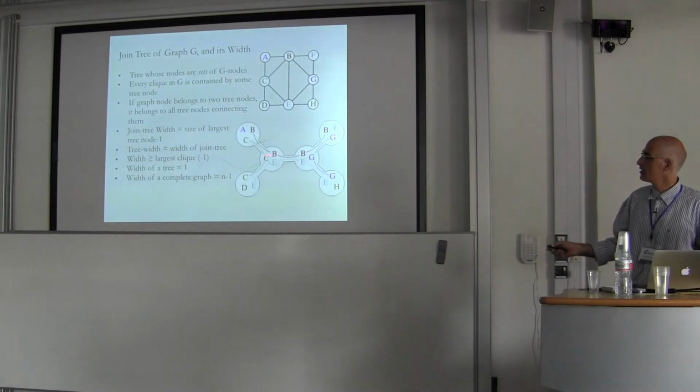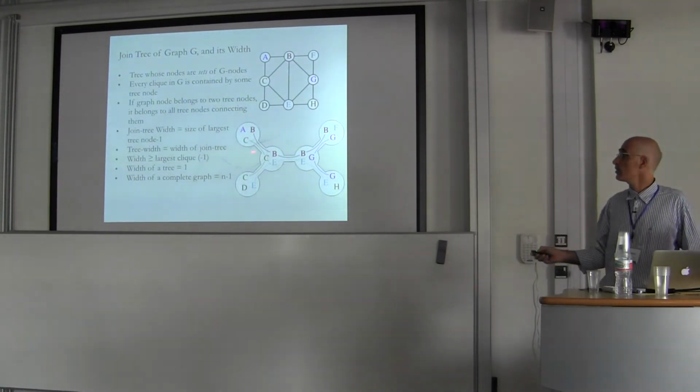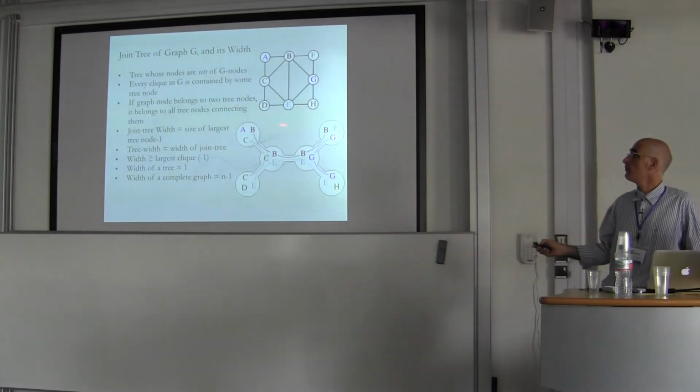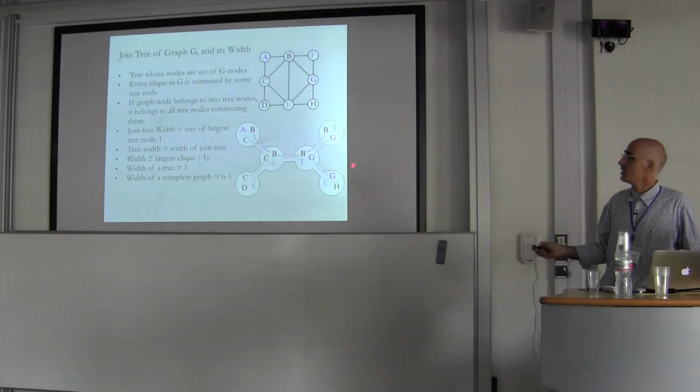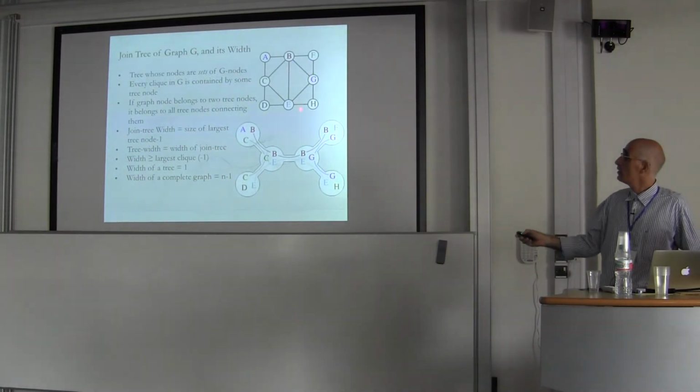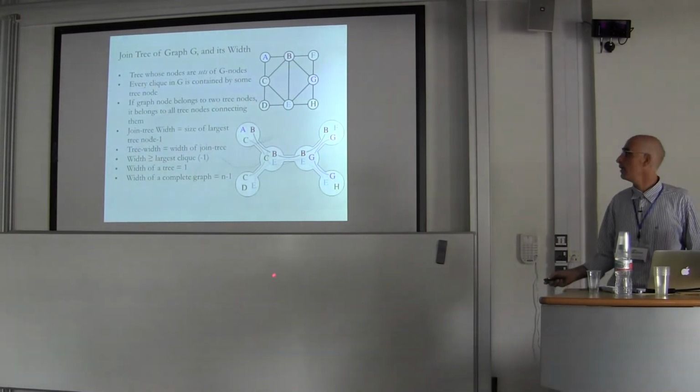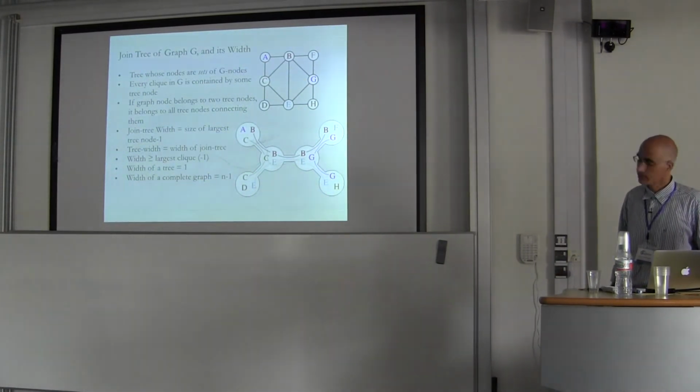In this particular example, all subsets are of size 3, so the largest one is of course size 3, and this has a width of 2. And the tree width of a graph is the minimal width of any of its join trees. So assuming this is the best we can do for this graph, then the tree width of this graph is also 2, the size of the largest node minus 1.